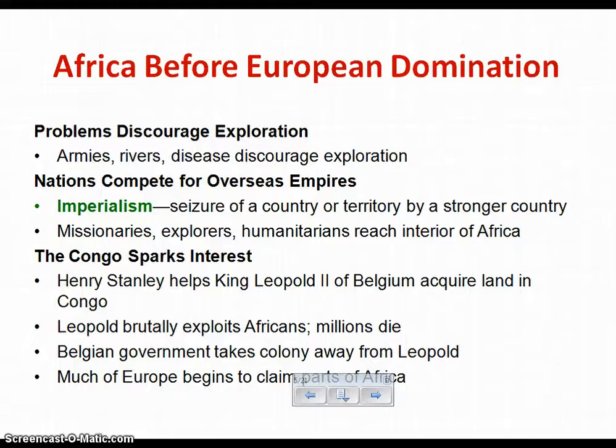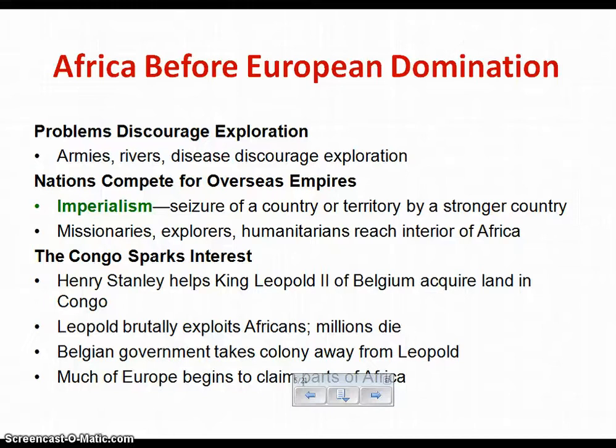Dave Livingstone goes to one area in Africa called the Congo. What he's doing there is he's trying to promote Christianity. But what happens is that Dave Livingstone and the people he goes with, they don't come back. This starts to concern people of Belgium. So they send another person named Henry Stanley out to find him.